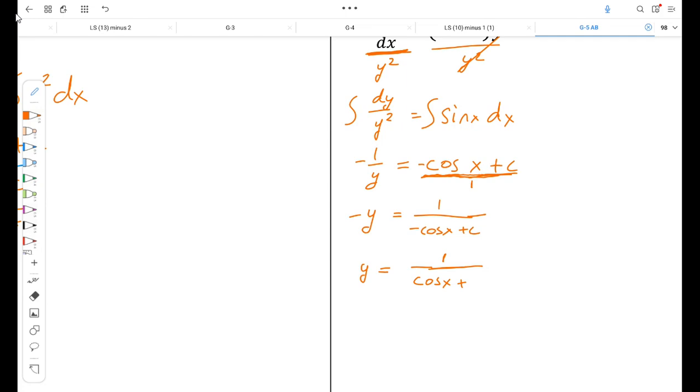No. So I'm going to write y equals 1 over cosine x plus c. If you put minus c on an FRQ, who cares? It doesn't matter. You're still good. You've given a correct family of functions. If we were solving for that c, your c value would be different than mine, but that's because they get plugged into different functions. But that's what a multiple choice answer would look like.